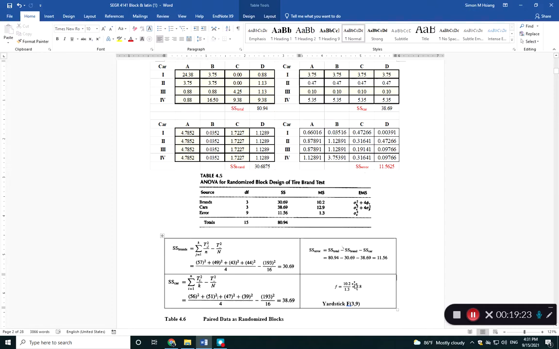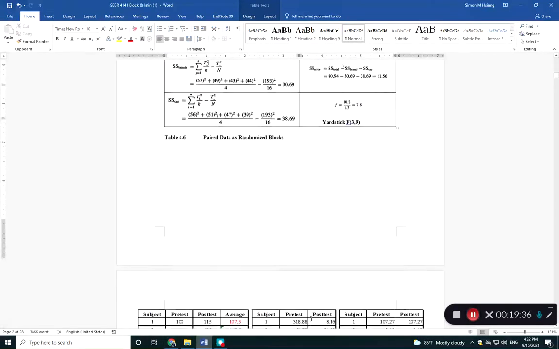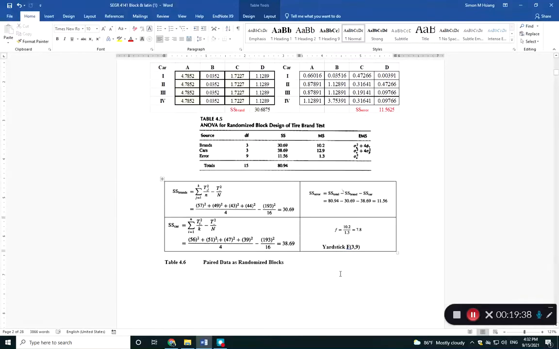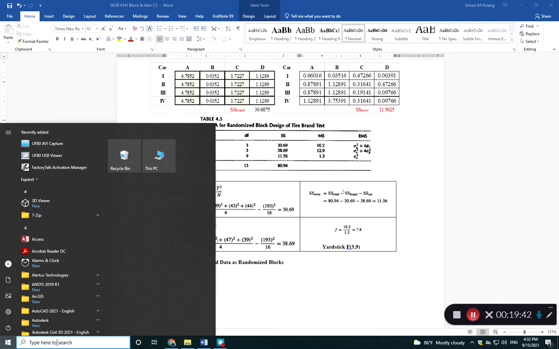The F statistic here is 10.2 over 1.3. Is the brand significant? 10.2 over 1.3, the F value is 7.8. And then you compare that 7.8 with your yardstick value. So let me do that to refresh your memory.